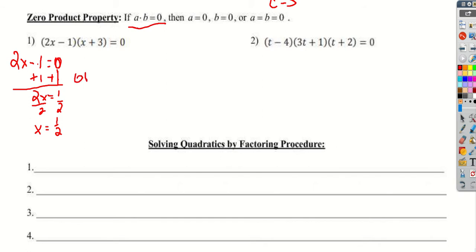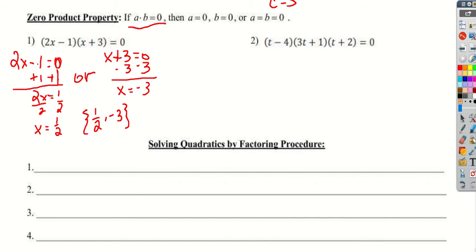Or, this is the key, there's an or there, x plus 3 is equal to 0. And then if I subtract 3 from both sides, I'm going to get x is equal to negative 3. Okay, and so we're going to do set notation. We're going to say it's the set of 1/2 or negative 3.